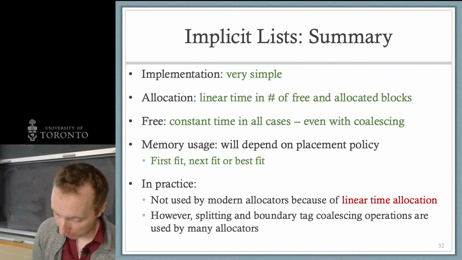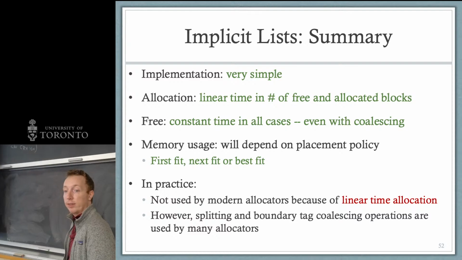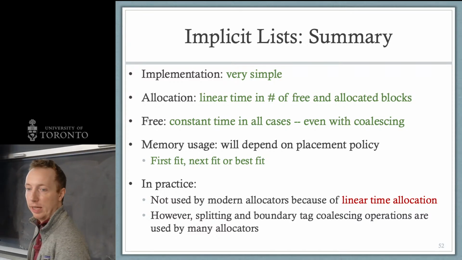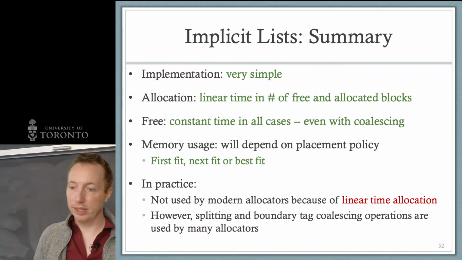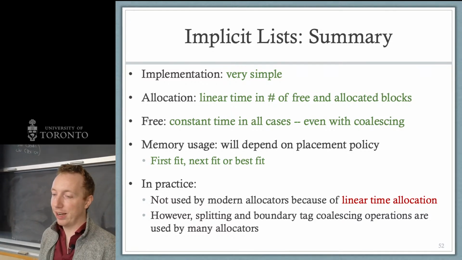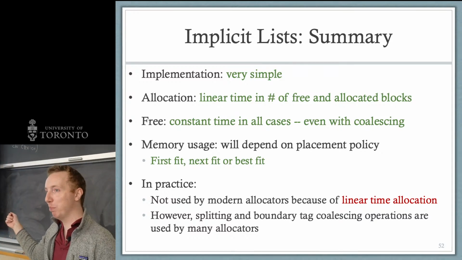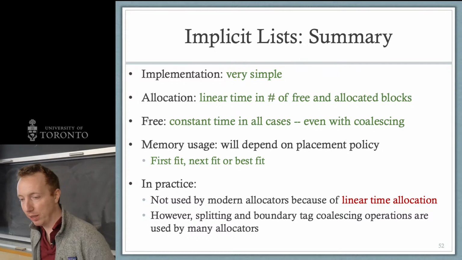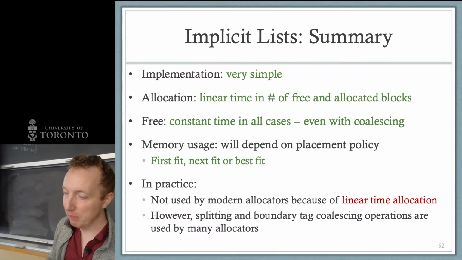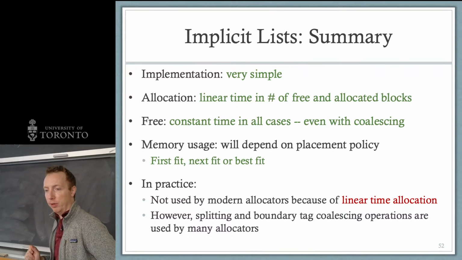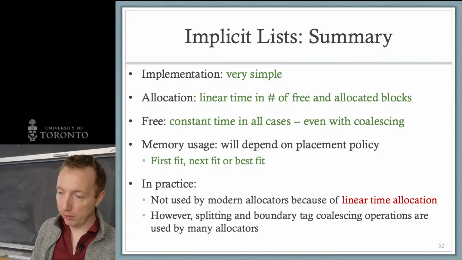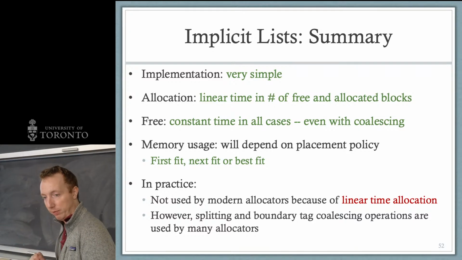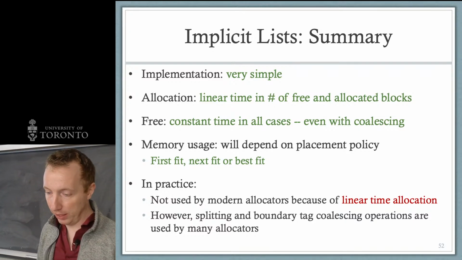All right, so for implicit lists, the implementation is simple. Everyone loves lists, so they're not that bad. Allocation is kind of slow, linear in the number of free and allocated blocks, which is really bad. You shouldn't really care about allocated blocks. Free is constant time, even with coalescing, as long as you don't defer it. Memory usage depends on the placement policy: first fit, next fit, or best fit.